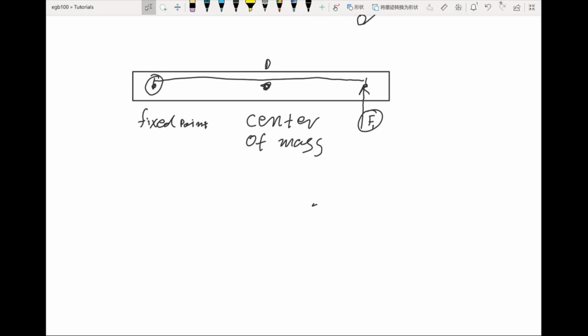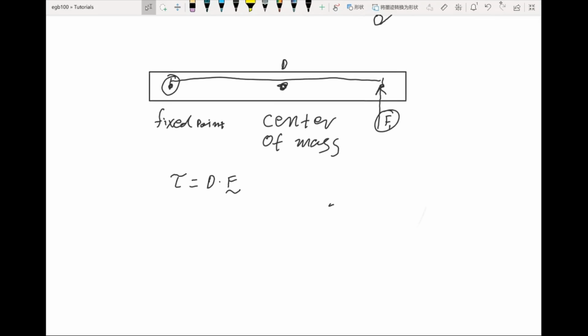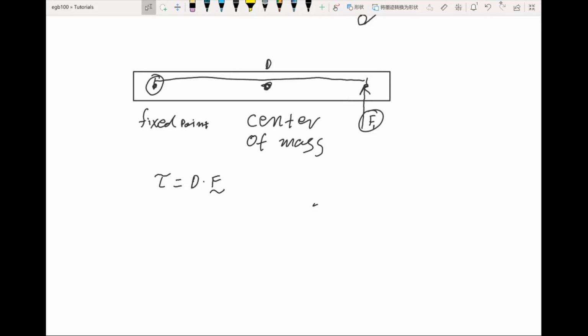Now torque is defined as tau is equal to the distance d times the force vector. And usually this vector is at 90 degrees to the distance.